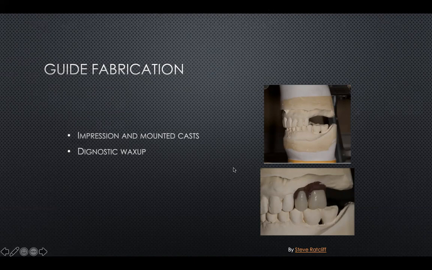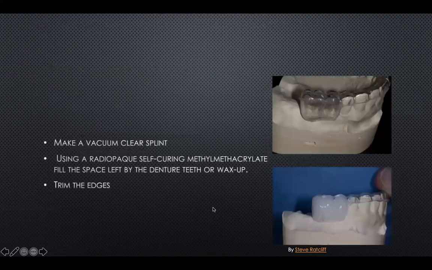Once we're happy with the position, we fabricate a vacuum-formed clear splint. It's like some type of night guard. And then we remove the denture teeth from this splint.